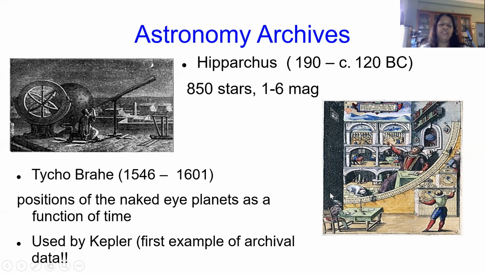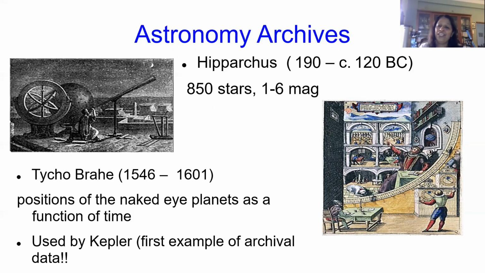What you see on the left here is Tycho Brahe. He was a very talented observer, and he very well tabulated the positions of naked eye planets as a function of time. And one of the first examples of use of archival data was the data from Tycho Brahe, which was used by Kepler.